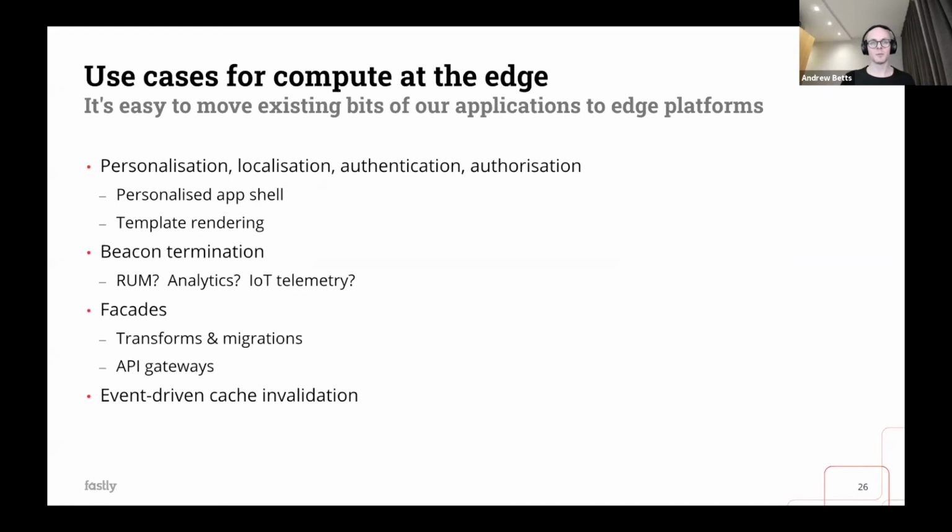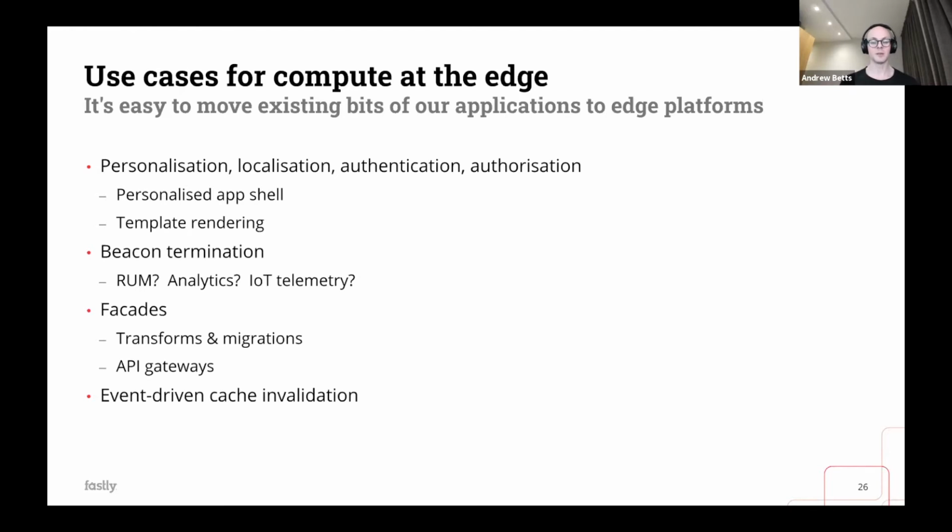And there's loads of other things that we can consider if we look at it in this way as well, like low-hanging fruit. Things like anything that's to do with personalization, localization, authentication, or authorization, good low-hanging fruit to move to the edge. Also consider things like beacon termination or any kind of use case involving data collection. So a fun one here is, say, self-driving cars that are emitting large amounts of telemetry.